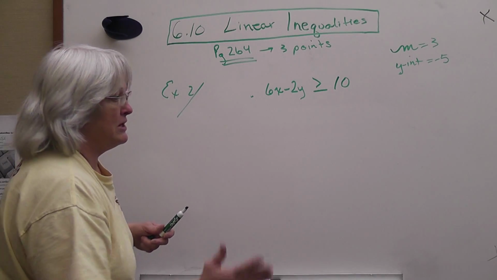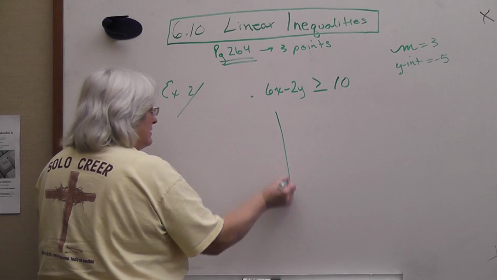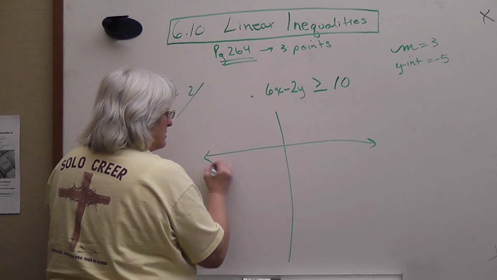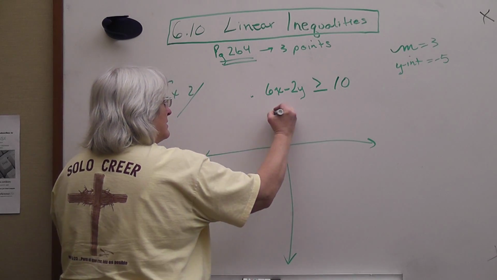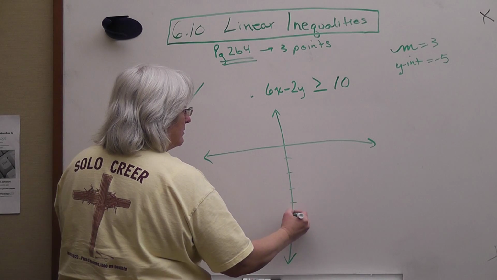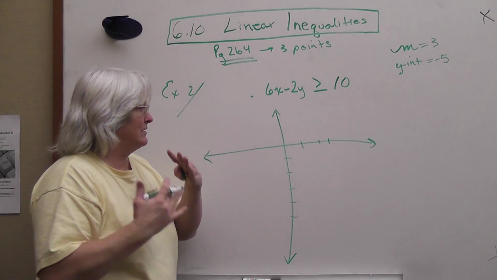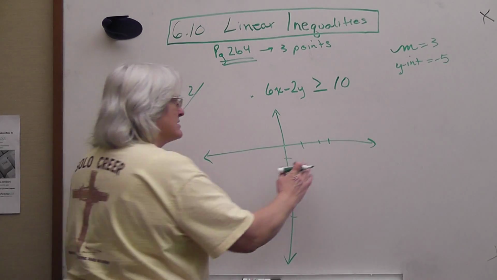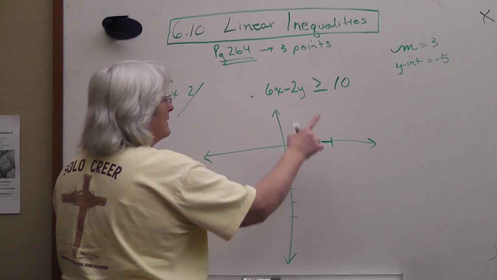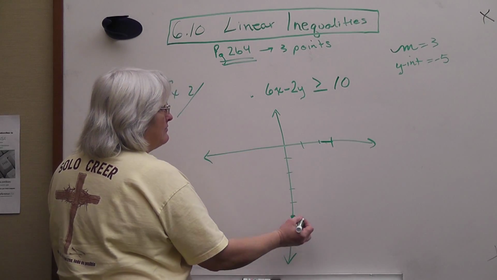All we need to do now is graph this inequality. The slope is 3, so it's going up pretty steeply. The y-intercept is negative 5, so I'm going to adjust my graph here. Of course, you would be using a straight edge, marking this out on your grid paper. Here's negative 5.